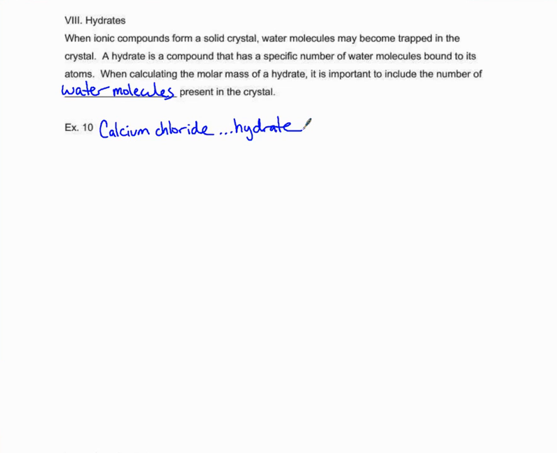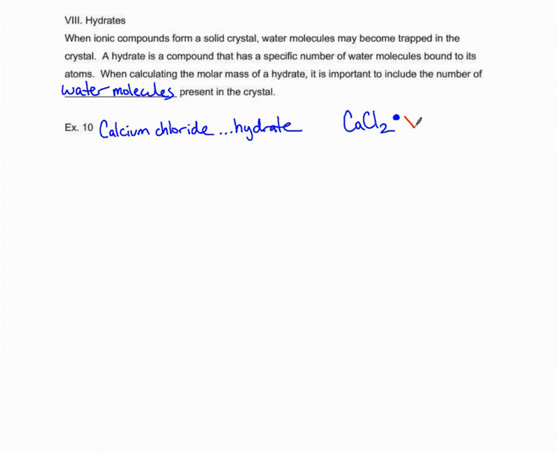So let's write down the formula that we're really looking at here. Calcium chloride is an ionic compound, looking at its charges, and the ratio gives us CaCl2. Then, since it's a hydrate, we put this really heavy dot here, and then we would put in a number. If we knew how many waters were there, it would be the number.